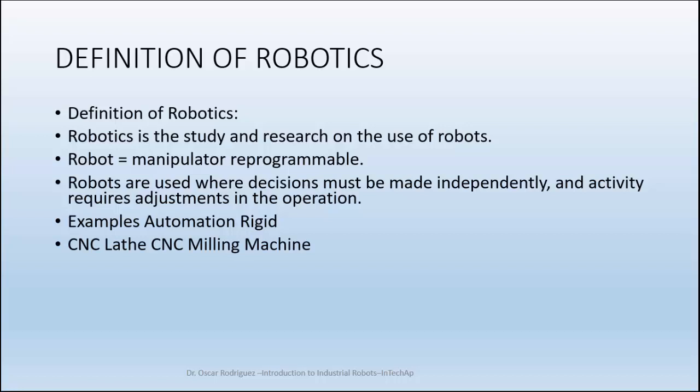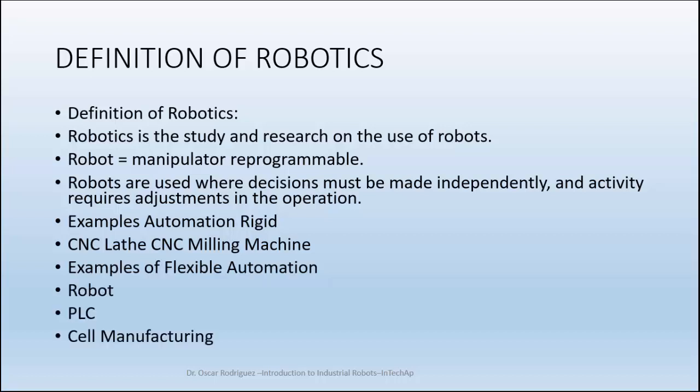So a computer numerical control lathe machine or a computer numerical control milling machine, those are examples of rigid automation, right? And an example of flexible automation will be considered a robot in a manufacturing cell where there is even control via a programmable logic controller.